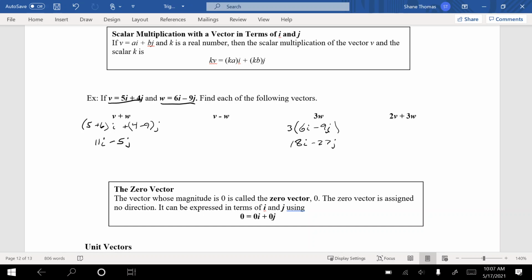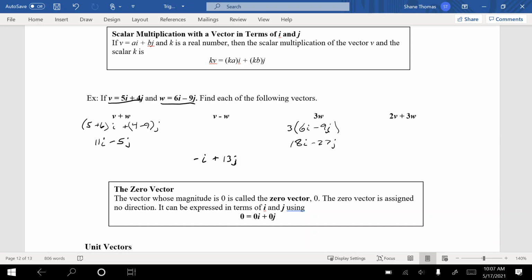All right, we good? Okay, so what'd you get for V minus W? Anybody? Negative I plus what? I got 13. Let's look at it.